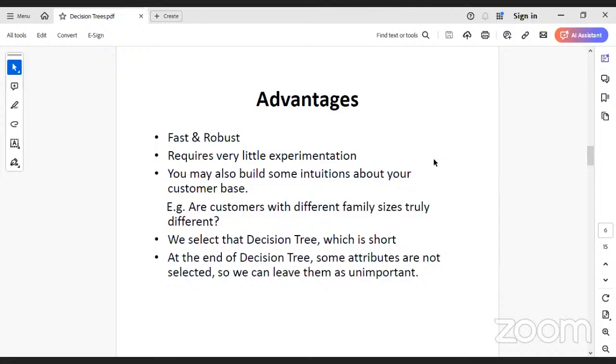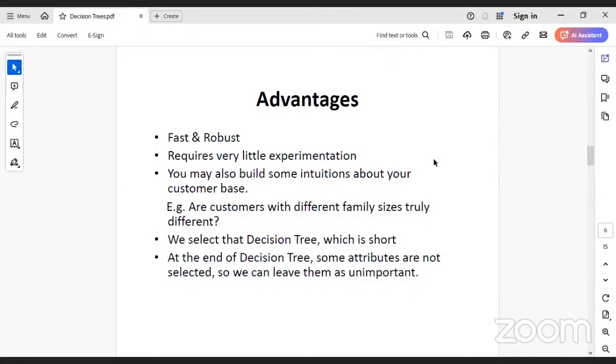Okay. So how much will it rain? How many marks will you get? All these come under regression problem. So when coming back to our decision trees, they work very well with classification problems. But it is not that it will work only with classification, it will also work with regression.